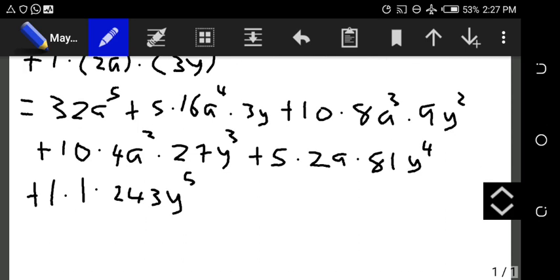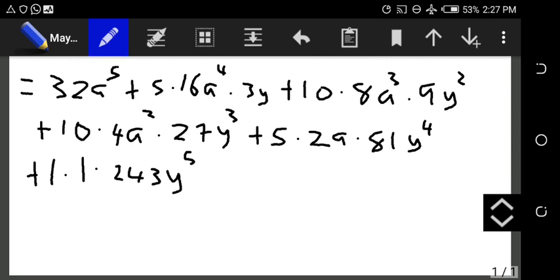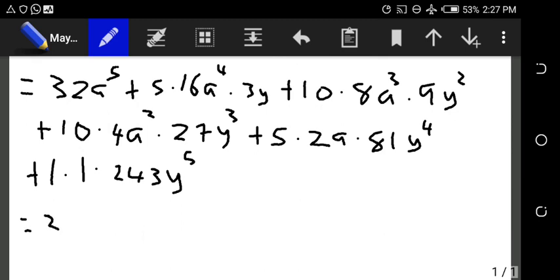Okay, so starting with the first one, we still have 32a raised to the power 5, plus then 5 times 16 times 3. So 5 times 16, that is 80. 80 times 3, that is 240.